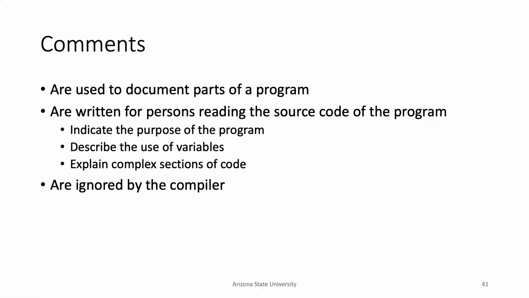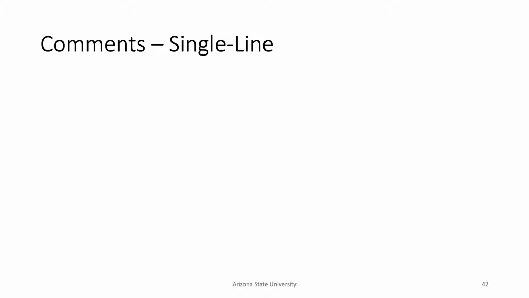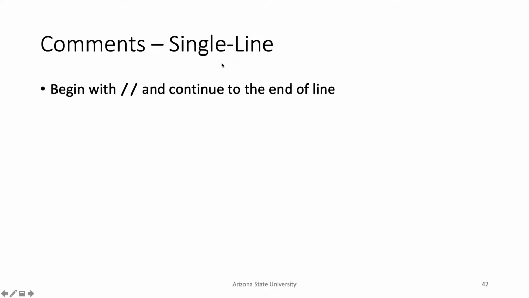Okay, so what types of comments can you actually use? There are actually two types of comments. One is called single line. Single line means you start with these two slashes, which are called forward slashes, from bottom left to upper right. They're not backslashes, remember, because backslashes have a different purpose.